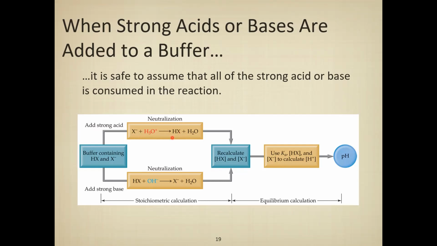And we're going to increase the concentration of that weak acid by just as much. And conversely, with the addition of the strong base, we see just the opposite. We're going to use up some of that weak acid, and we're going to produce some of that conjugate base. And then, of course, we can use that to figure out our other pieces just to get the overall pH.